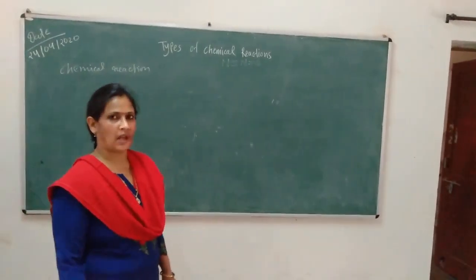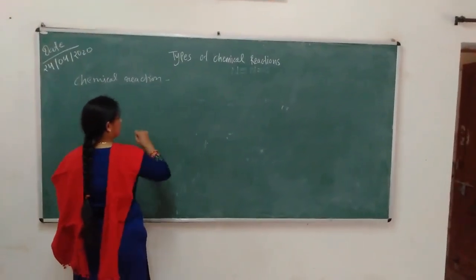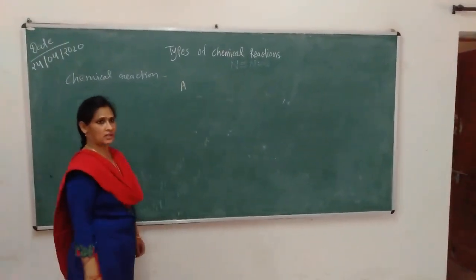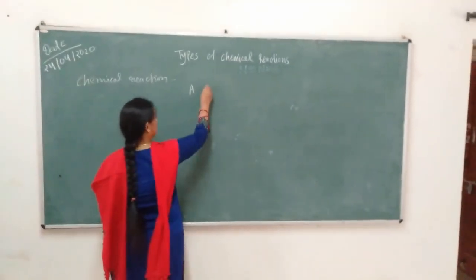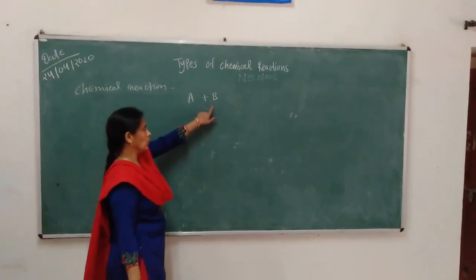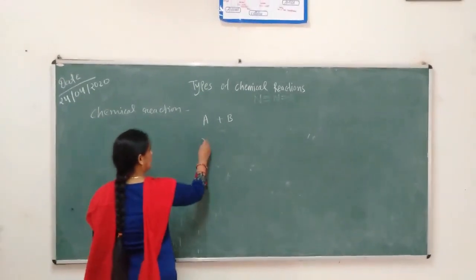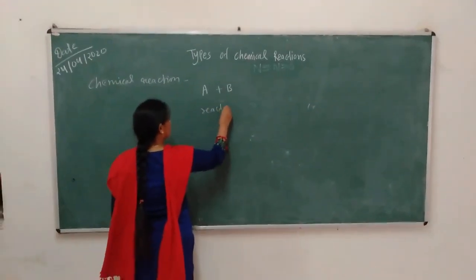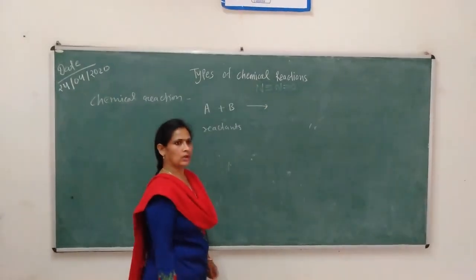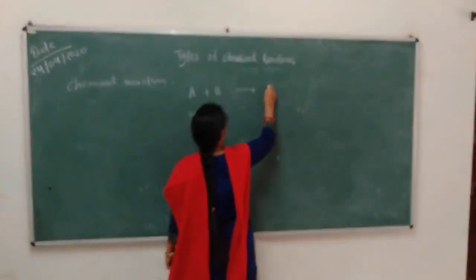Do you know what a chemical reaction is? It is the process in which one or more substances that are known as reactants, like A and B, convert into one or more new substances that are called products.